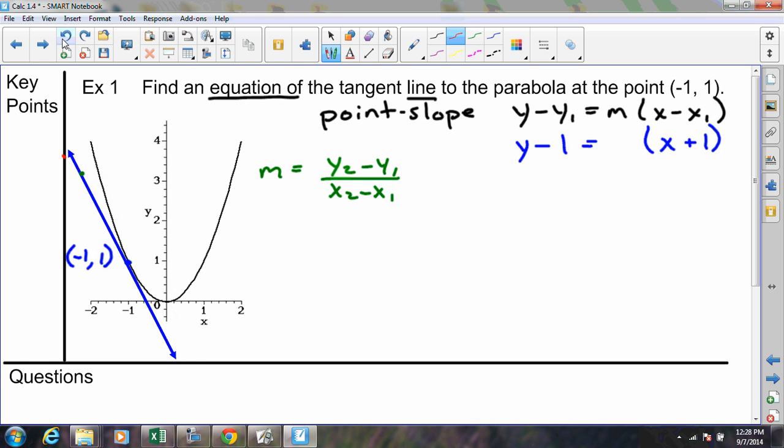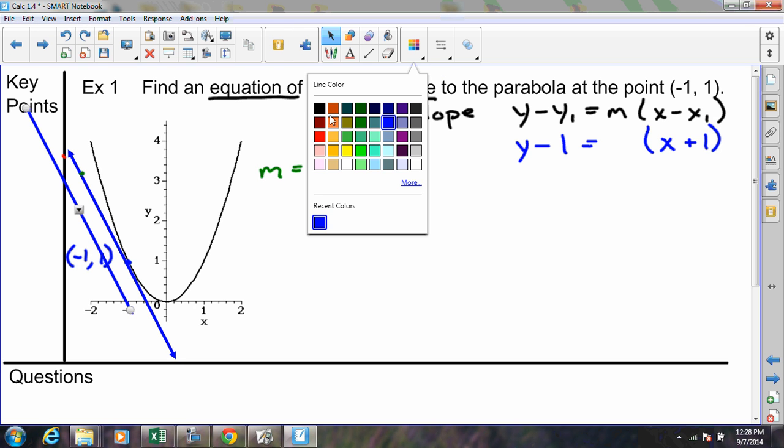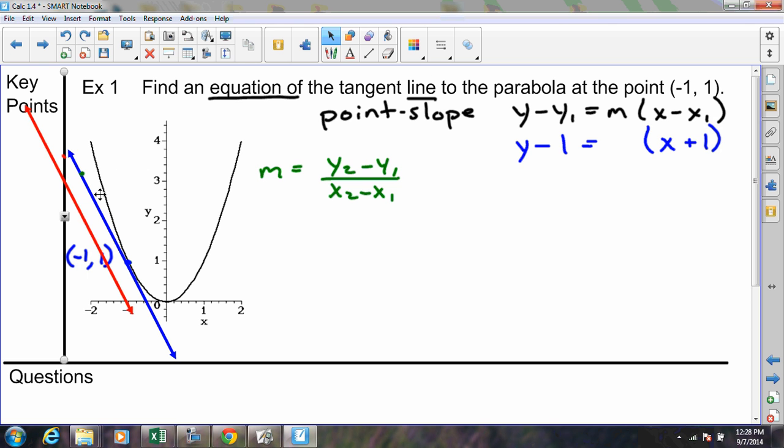Remember that when we are doing these pieces, this tangent line could have come by taking a secant line and actually dragging it to the point where it comes out and is right there. So what we're trying to do is say, what about here?